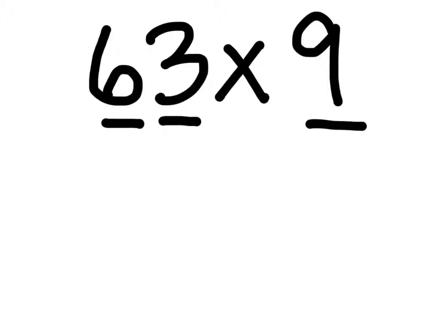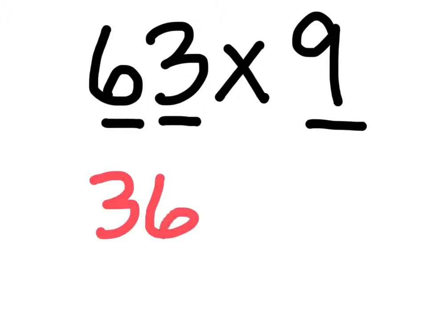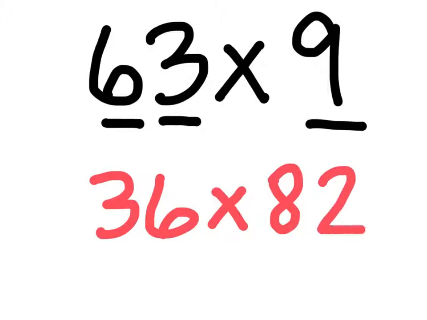If we were doing a 2-digit by 2-digit multiplication problem, it might look something like this: 36 times 82. This method can be used for both, but for the sake of this introductory video, we're just going to stick with the 2-digit by 1-digit, which is this one.